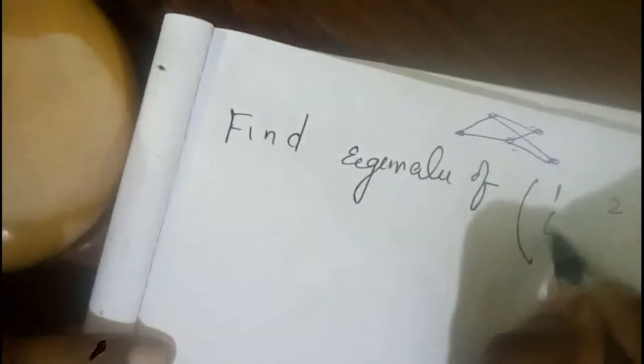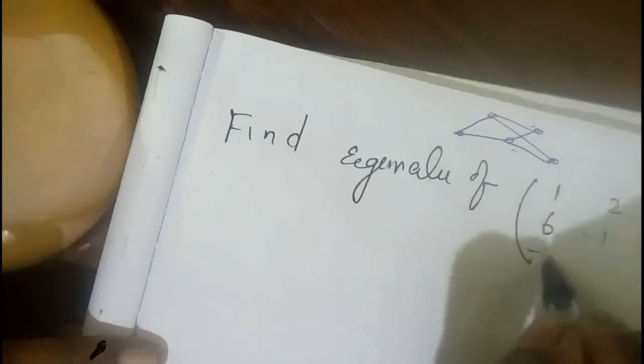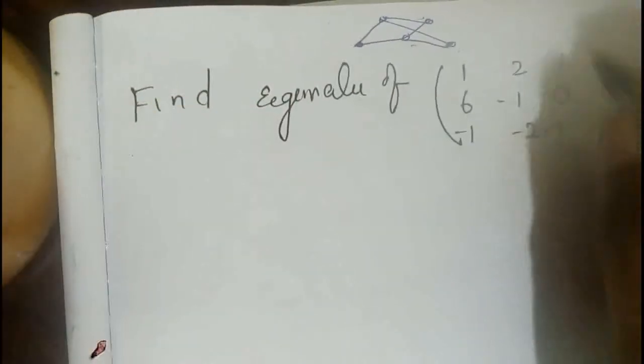Then I will explain one problem. Find the eigenvalues of the matrix A equal to 1, 2, 1, 6, minus 1, 0, minus 1, minus 2, minus 1.